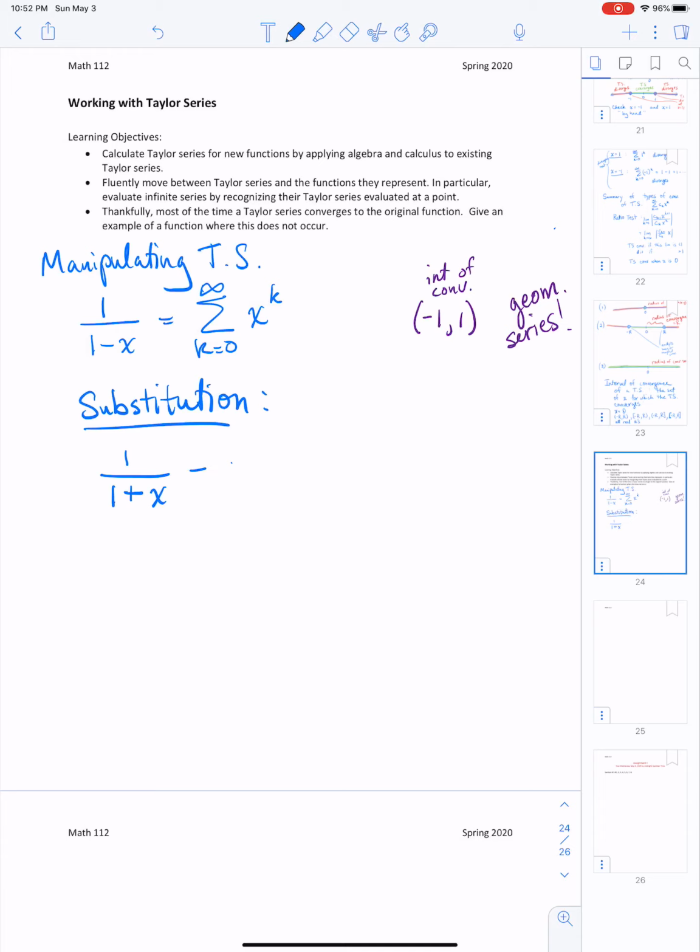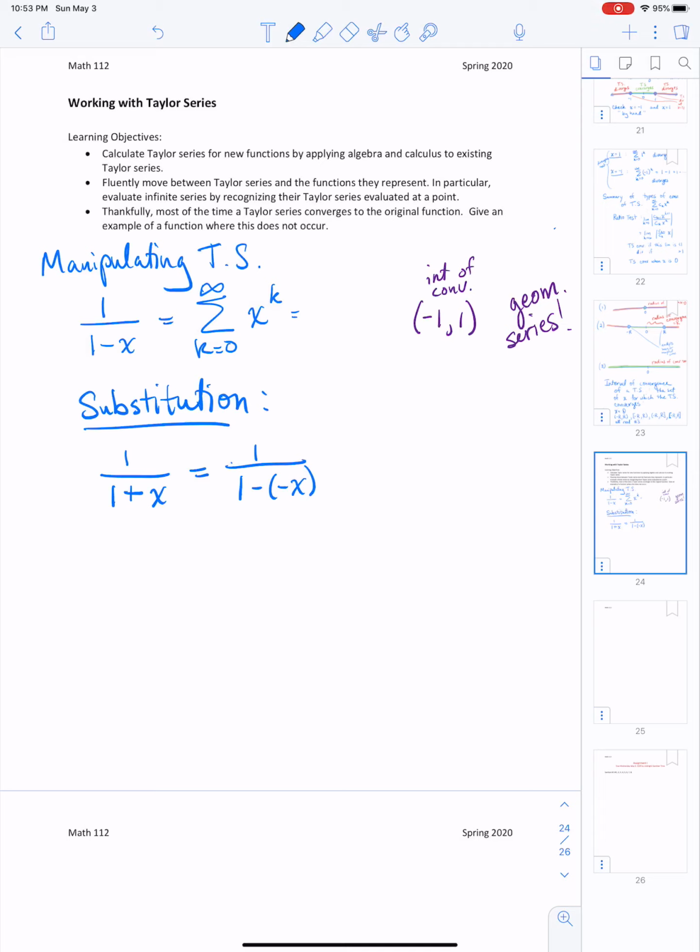Notice that 1 over 1 plus x is equal to 1 over 1 minus negative x. And so this is now in the form of the function 1 over 1 minus x that we had earlier, except that instead of x we have minus x.